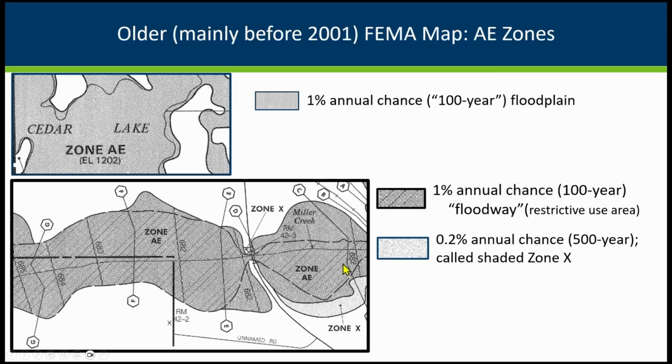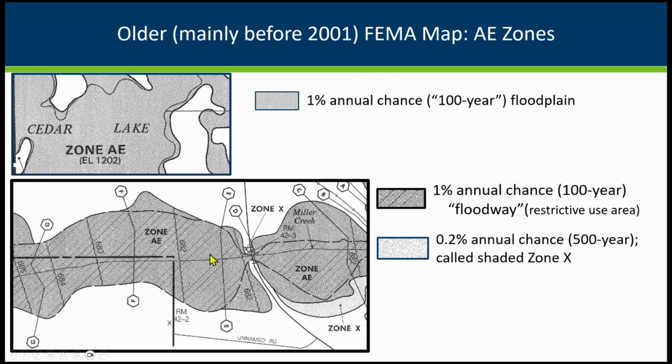And then in a detailed area, it will also break it into the floodway and the flood fringe, like we did for the digital maps. But for these older paper maps, the floodway will have this black line hatching here instead of the red and the blue colors.